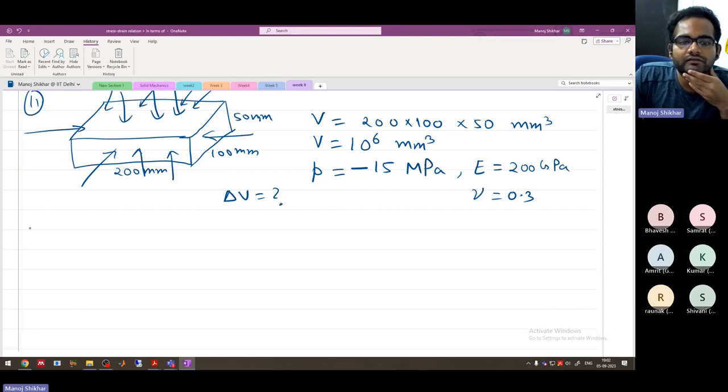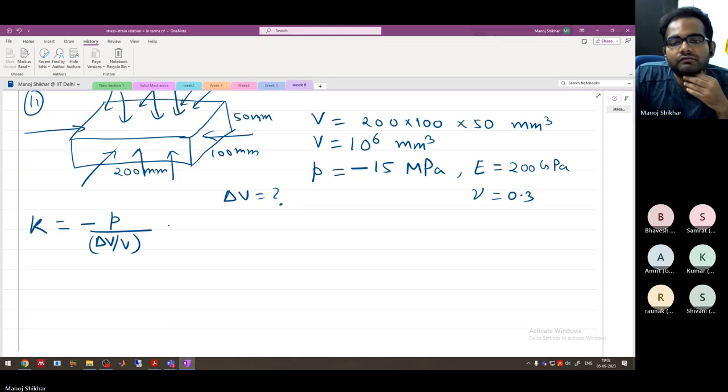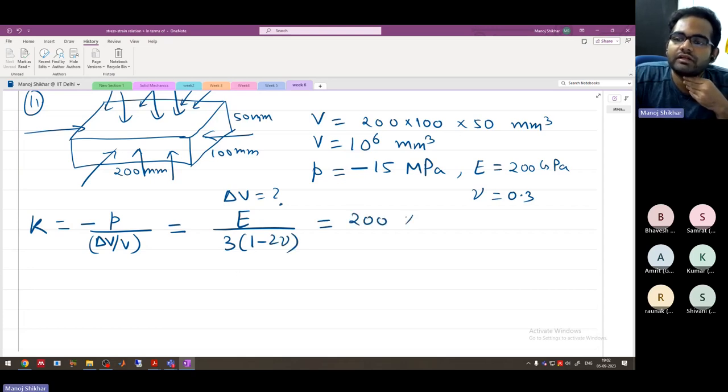So how will you find delta V? We will use the formula for bulk modulus. This is minus P delta V by V, and we can equate it to E by 3 into 1 minus 2 mu. I will convert everything into SI units.